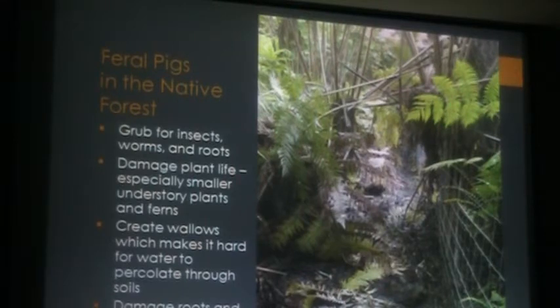They like to wallow, which makes it hard for water to percolate through the soil, so it causes ponding and massive wallows. They also damage roots, which help the makeup of soil or respiration.